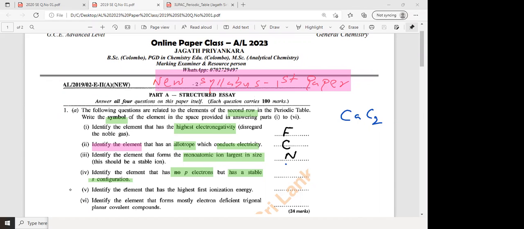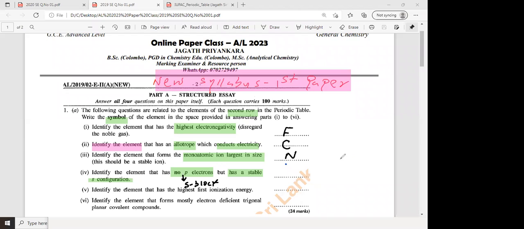Very good. Group 1, okay. No p electrons means it should definitely belong to the s block. In this second period, who has a stable s configuration out of lithium and beryllium?